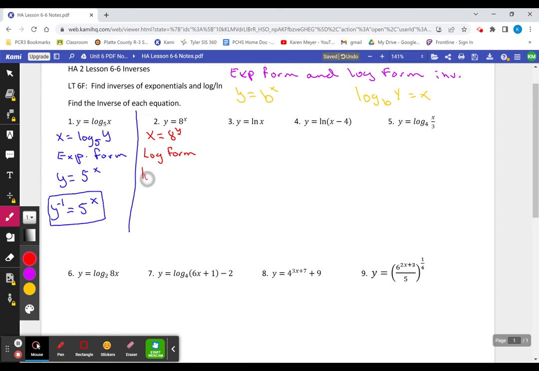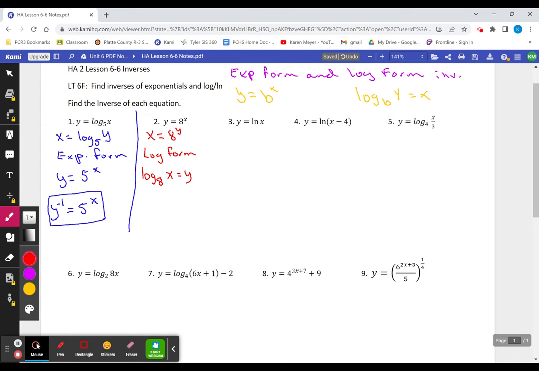So we're going to start out with log base b is the one that has the exponent attached to it, so that's my number 8. Y is all by itself on the equal sign, which is our letter x, equals x, which x happens to be your power, and our power is y.